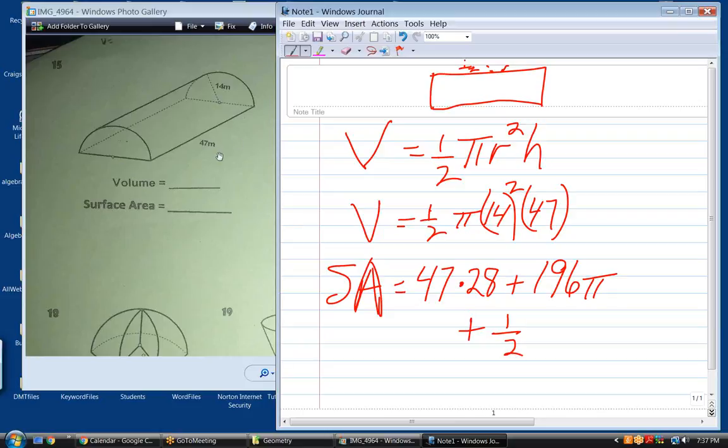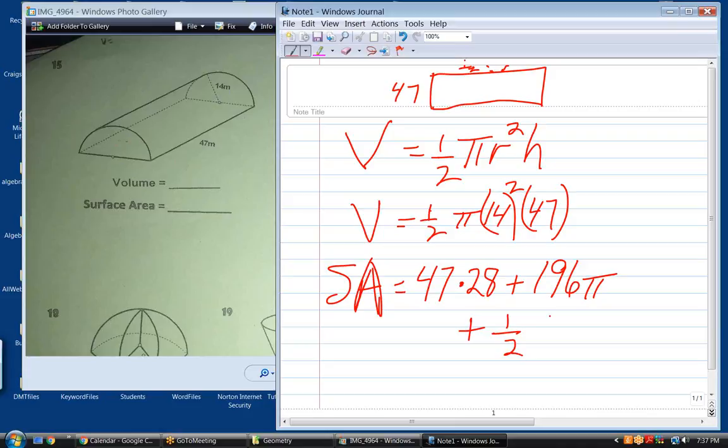Okay. In other words, if we take this curved area here and flatten it out, it would be 47 in one dimension. This would be 47. But the top dimension would be half of a circumference, correct? So it should be pi. Wait. What's the circumference? If this is one of them, then it should be pi 14.